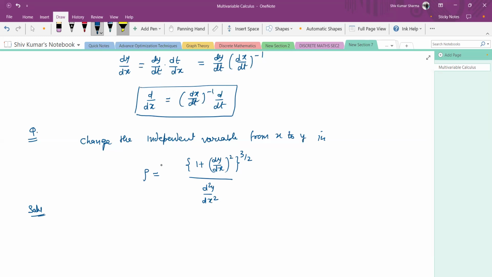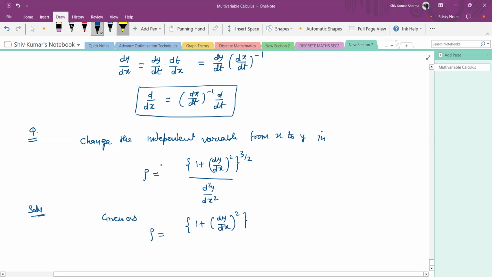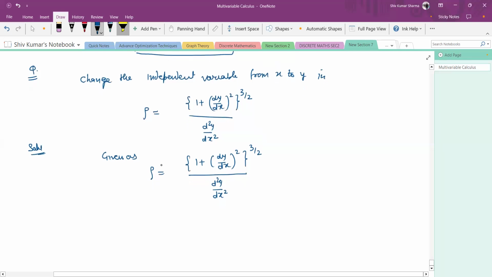X change to y. So we write down as given, rho is equal to (1 plus (dy/dx)²) whole to the power 3/2 upon d²y/dx². So we directly put the value. So put the value of dy/dx.